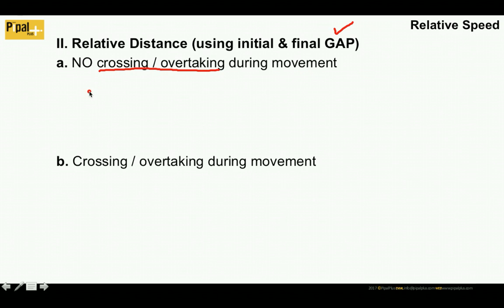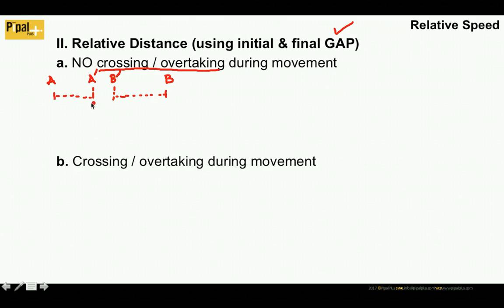Now if there is no crossing or overtaking, let's say A and B start from here, and A moves in this direction and ends up here, A dash. Likewise, during the same time, B starts from B and ends up at this point. You notice that there is no crossing which has taken place, right?